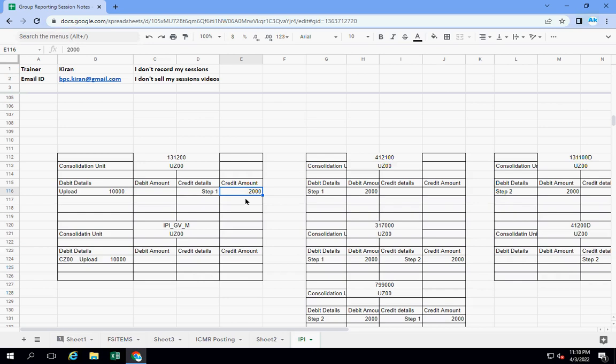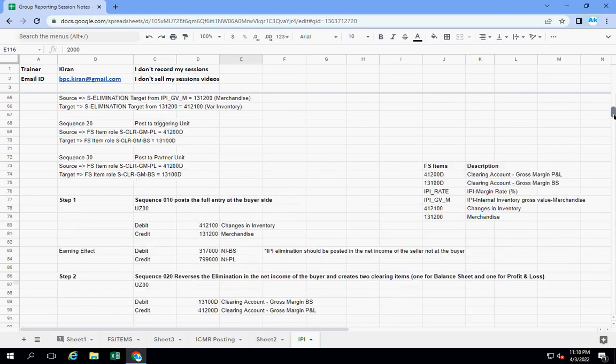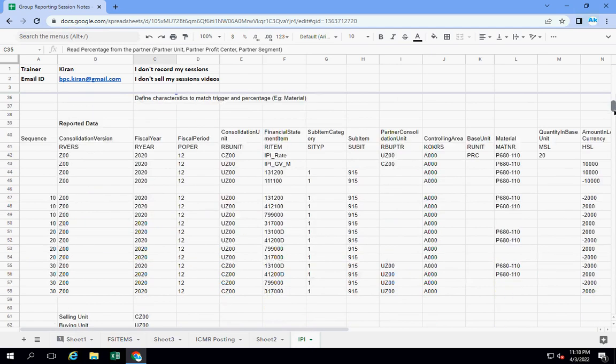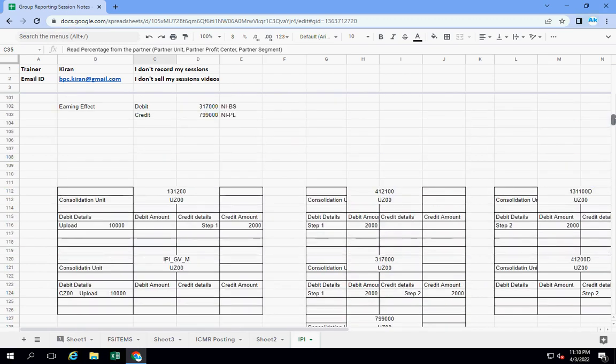The markup is given from the selling unit, because SAP introduced a new functionality where it can read the percentage from the partner based on this option. So here the 10,000 is reduced in step 1. The first entry has one leg in the mercantile account and the other leg in 412100 for 2,000. Here it is credited, here debited.